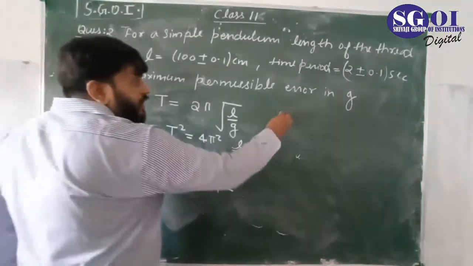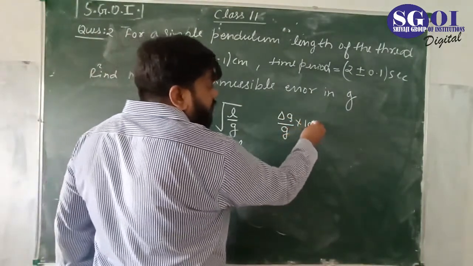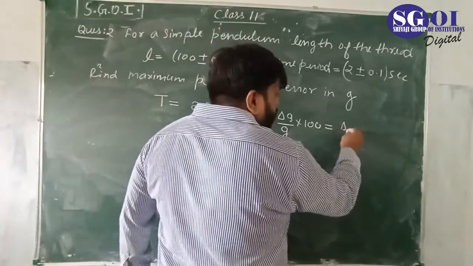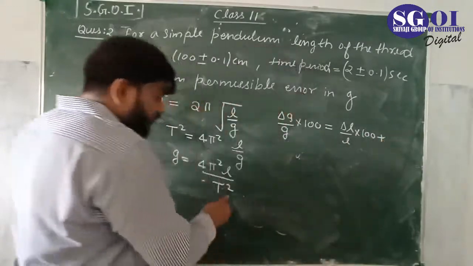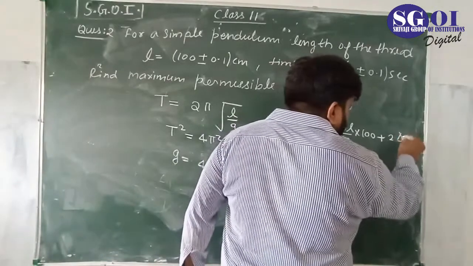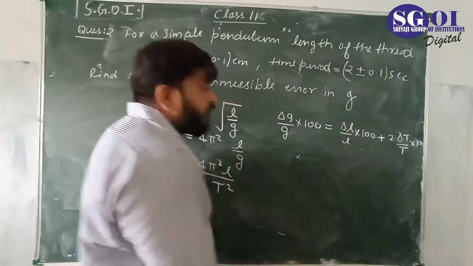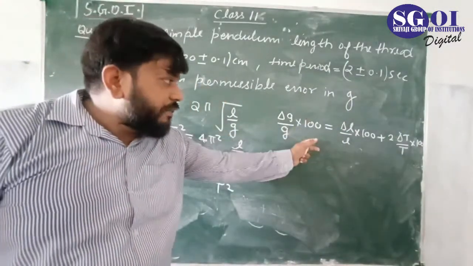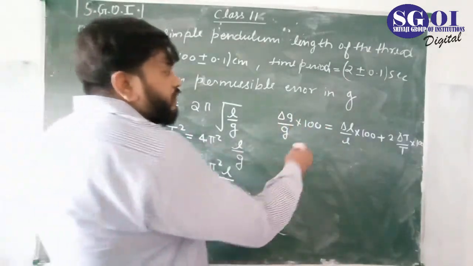So the error in g, that is delta g, relative error delta g upon g, and if we want percentage error, into 100, equal to delta L upon L into 100 plus, T squared being in multiplication, 2 delta T upon T into 100. So this expression we have written by the concept of combinations of error, which we have discussed earlier. Just revise that concept.